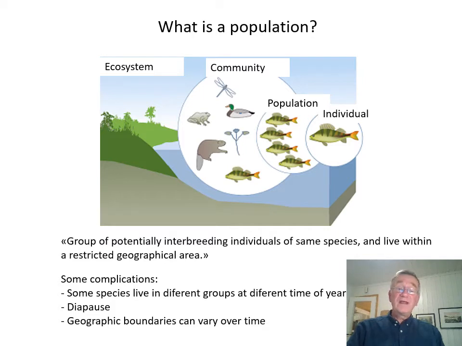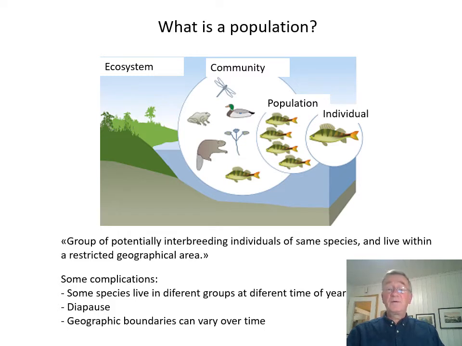For example, migrating birds, which breed in some northern hemisphere locations, and in the winter they migrate to the south and warmer areas and live there. So there is not a restricted geographic area.